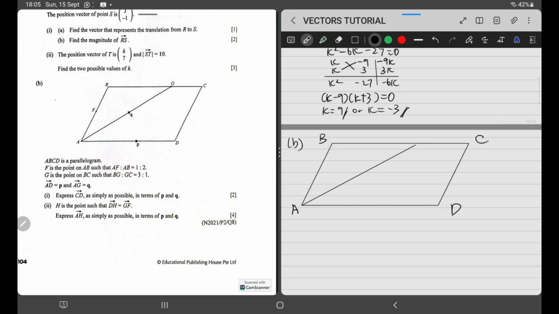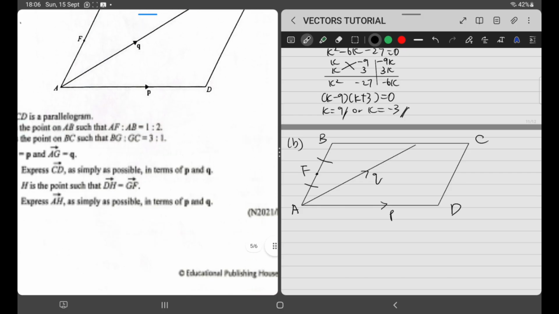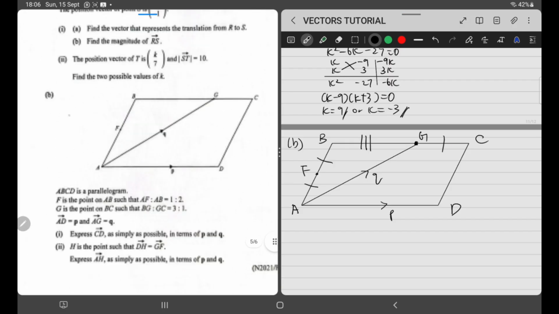Okay, and then here is F, here is towards here is Q, and then towards here is P. So AF is 1 unit, AB is 2 units. So you know that F is the midpoint, right? If A to F is 1 unit and A to B is 2 units, then F is the midpoint. Then B, here is G, here is 3 units, and then here is 1 unit.